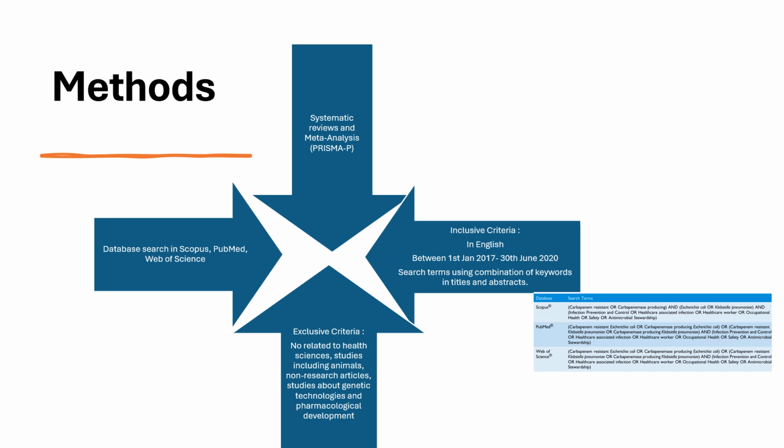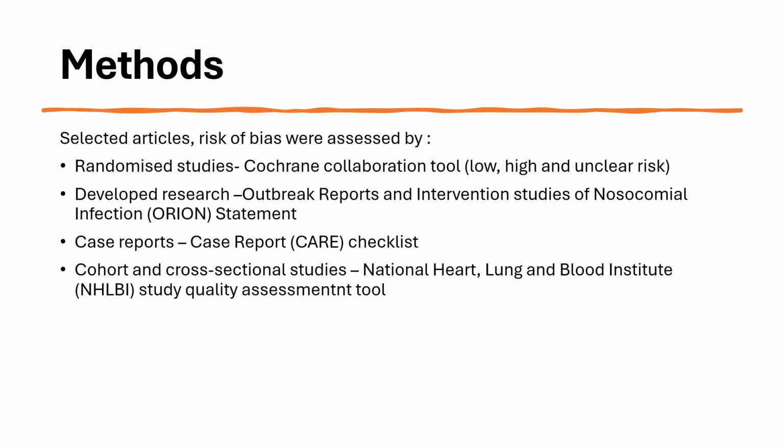Exclusion criteria are articles not related to health science, studies including animals, non-research articles, and studies about genetic technology and pharmacological development. For selected articles, risk of bias was assessed. For randomized studies, Cochrane Collaboration tools are used to assess low, high, and unclear risk.